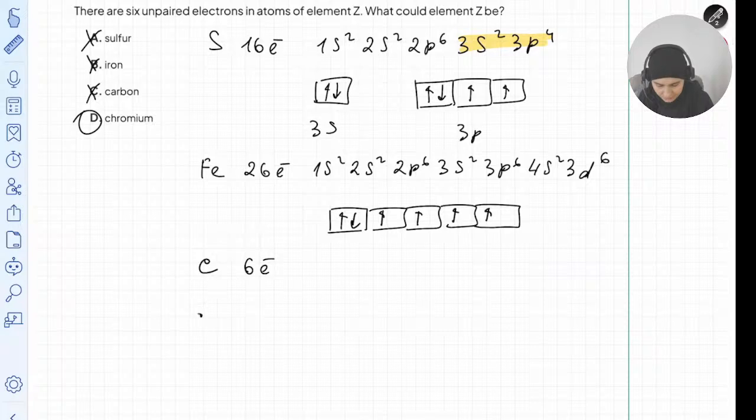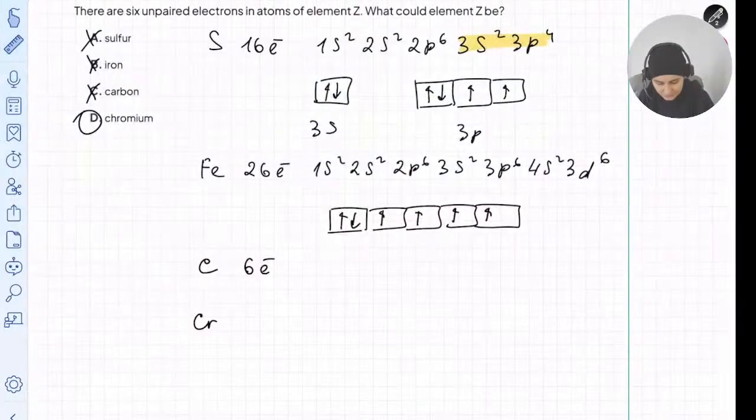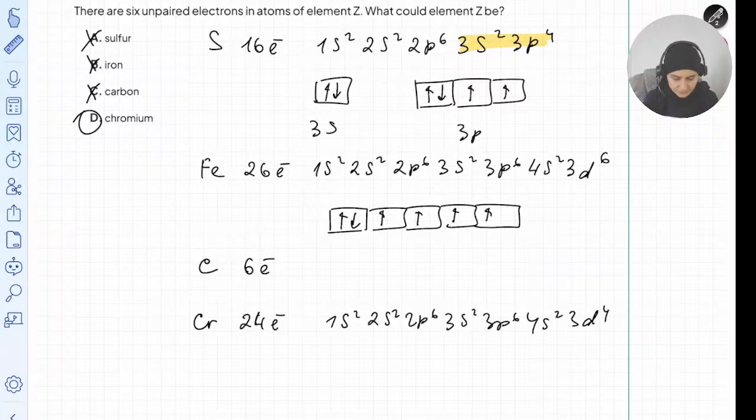Let's see. I will write it out just to remind you that it's an exception. Chromium has how many electrons? 24. If we were to write chromium's electron configuration normally without remembering that it is an exception, you would have 1s2, 2s2, 2p6, 3s2, 3p6, 4s2, 3d4, because that gives us 24 electrons.